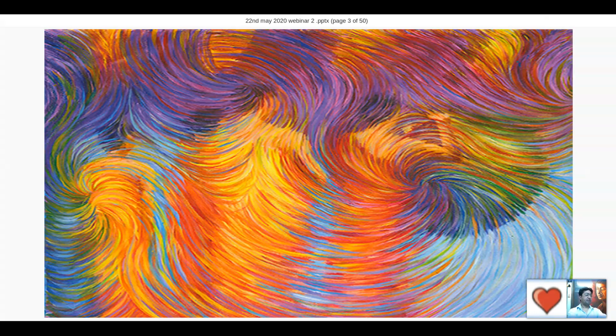Anybody having a different perception of this picture? Yeah, Brahmins in the orange color. Very good.